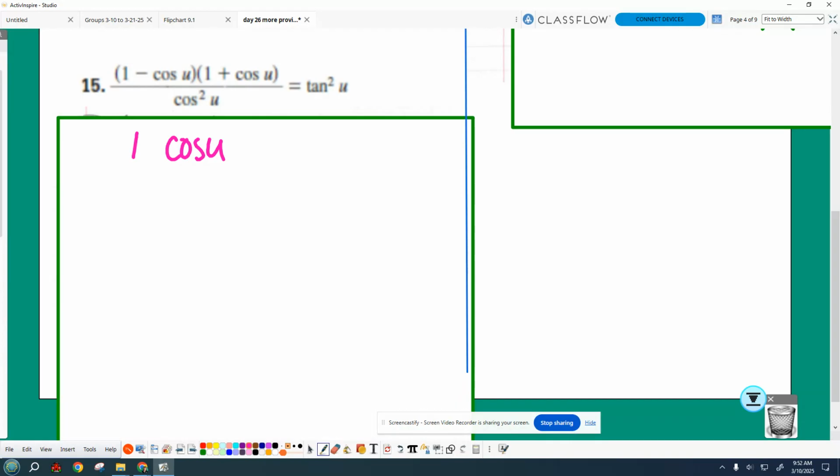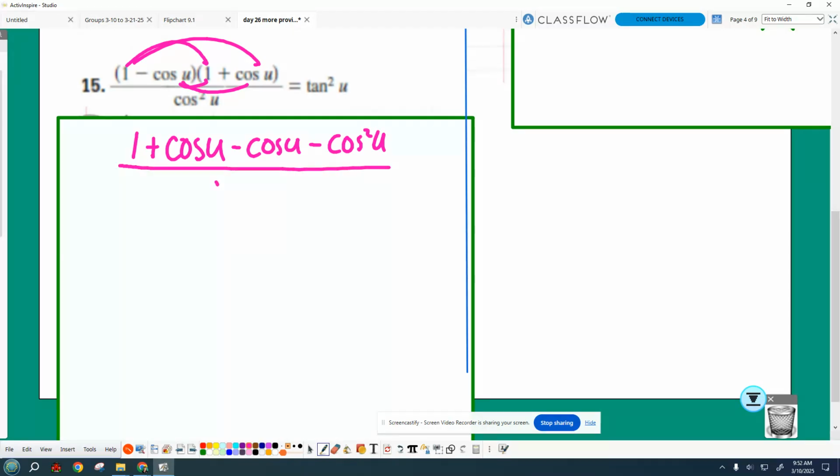Oh, so is this a plus? Yeah, that's plus and then minus. And then cosine squared u. Plus? Plus. Or no, minus. Okay. And there's a denominator.